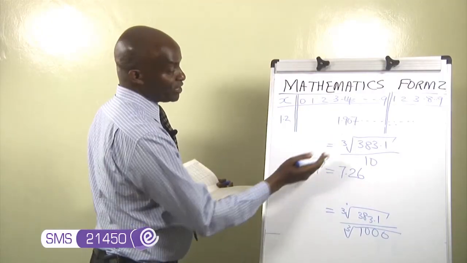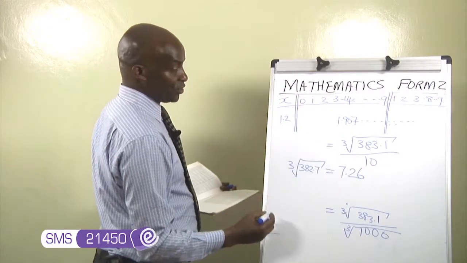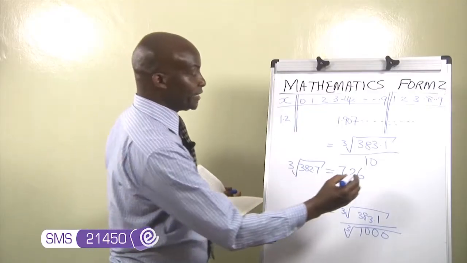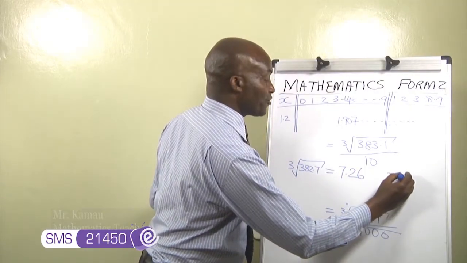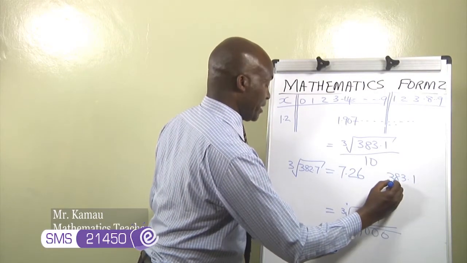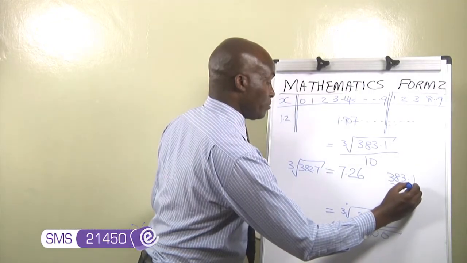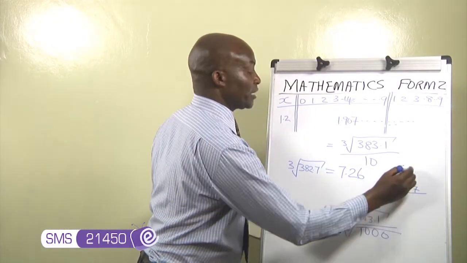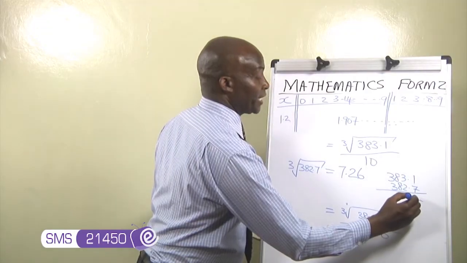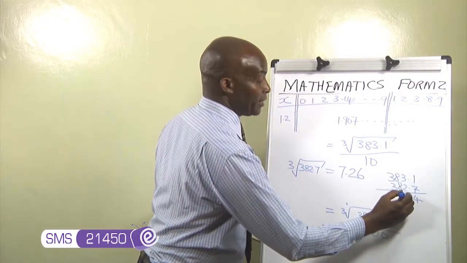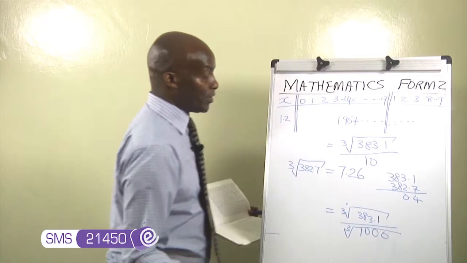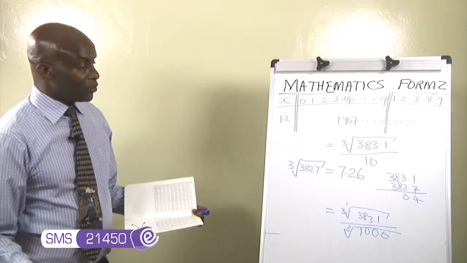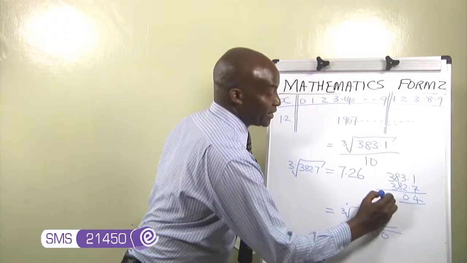So there is a difference between this and that. That difference, we calculate it: 383.1 minus 382.7. So we subtract, we get 0.4.